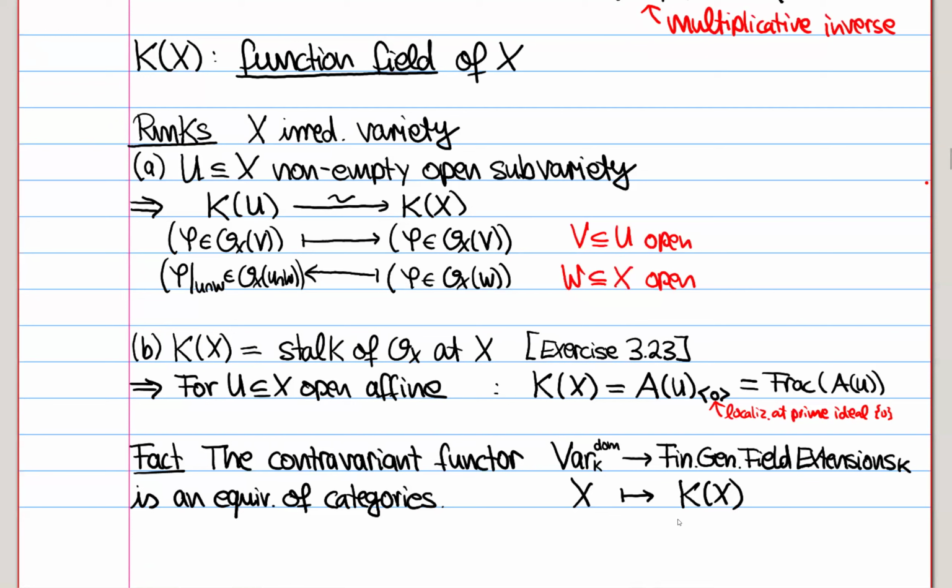So this is well-defined, and you can check that if you have a dominant map between varieties, then this induces a map of their function fields and so on and so forth. And the interesting thing is that if you are given such a finitely generated field extension, then you can always find an irreducible variety with this function field.